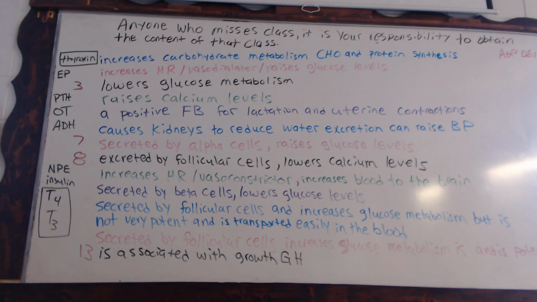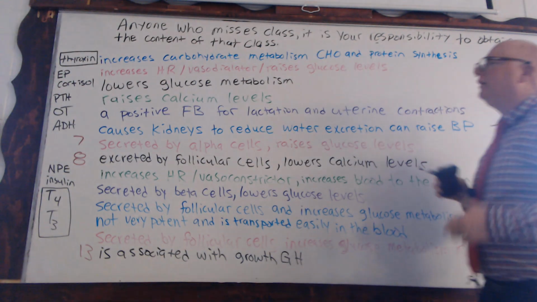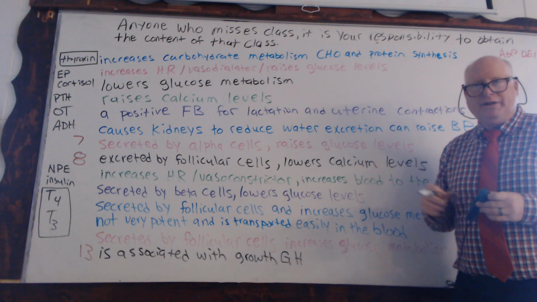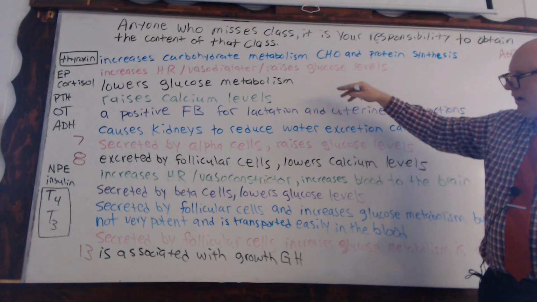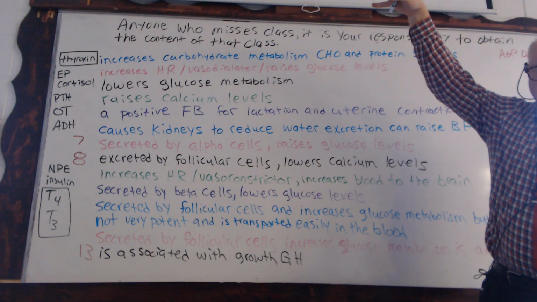Okay. Number 3 is cortisol. That is correct. Now, could you describe this a little more? I mean, what's significant about cortisol besides blood glucose metabolism? It's way high on your chart.